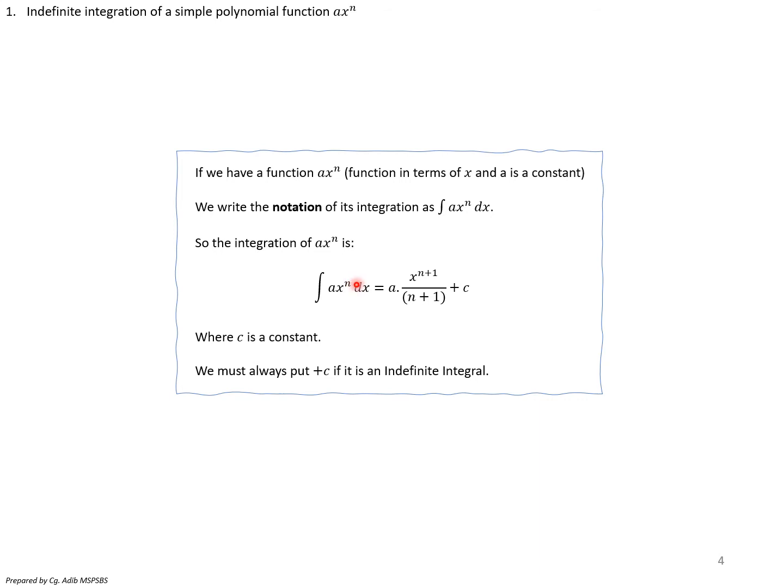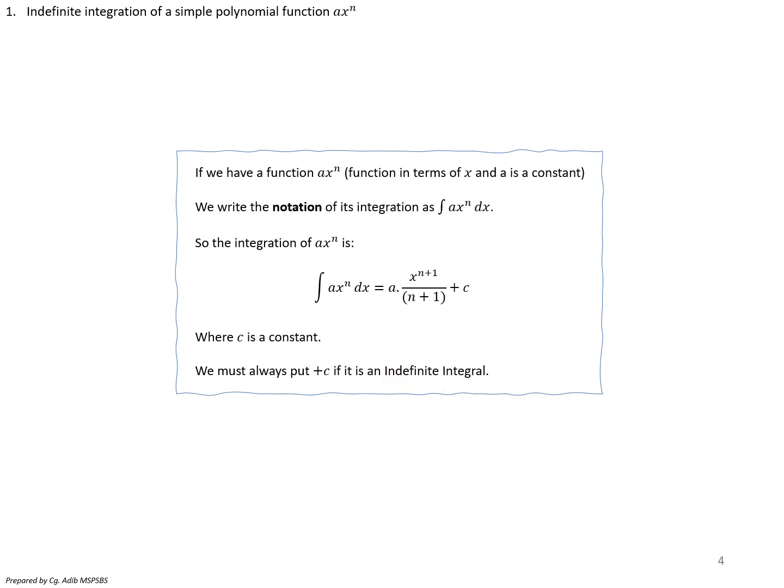Okay, so you plus the power with 1, always plus 1. And then you divide the whole thing with the power, n plus 1. That's it. Then you always need to write plus c, because this is an indefinite integral. Okay, later we will do definite integral, so you will know what this means.